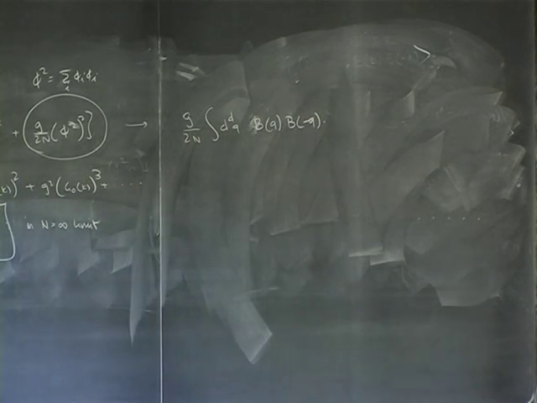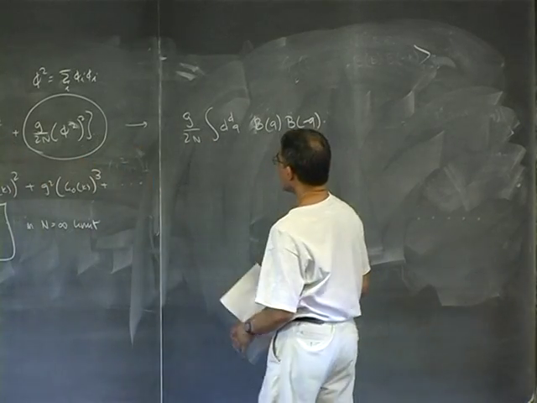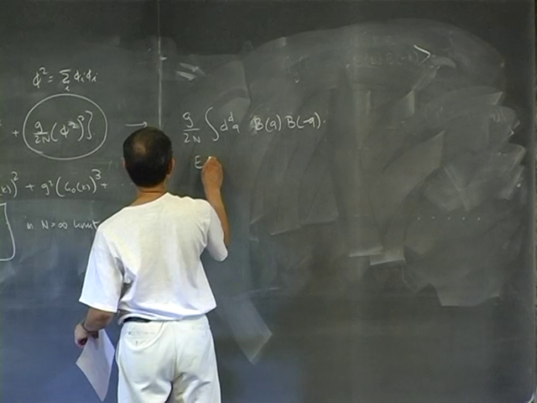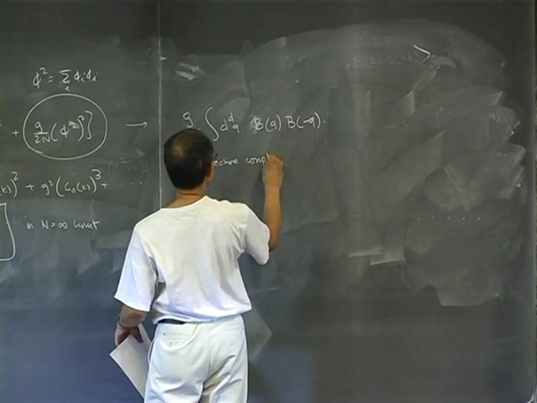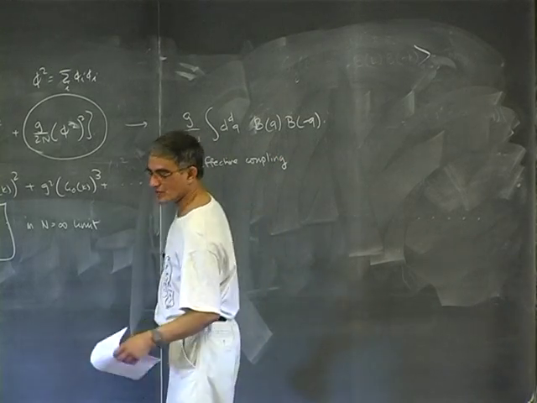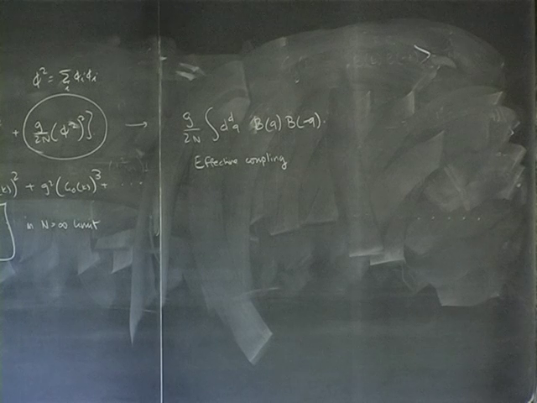So, if I want to look at what is the effective coupling, the effective coupling of the theory is defined as that object which you just stick in and basically do a classical theory with.